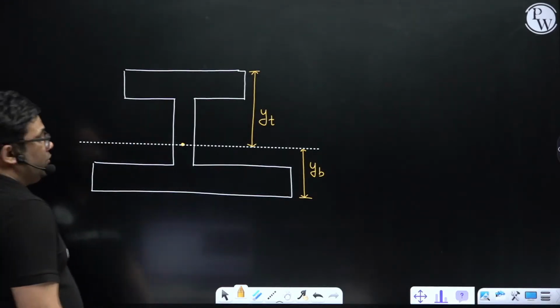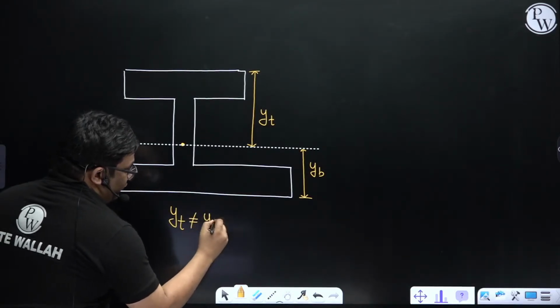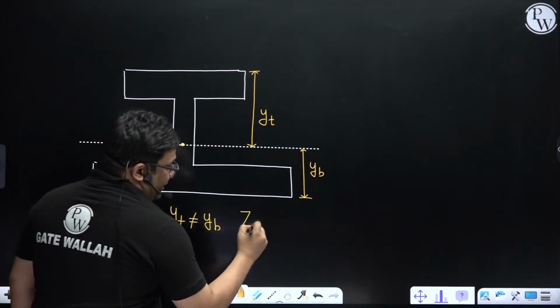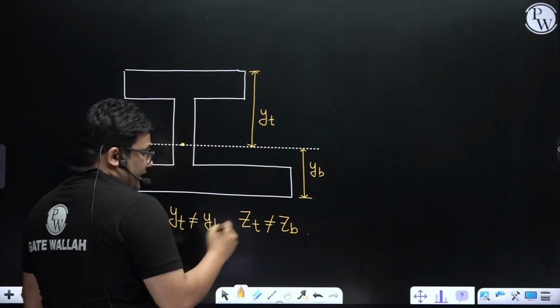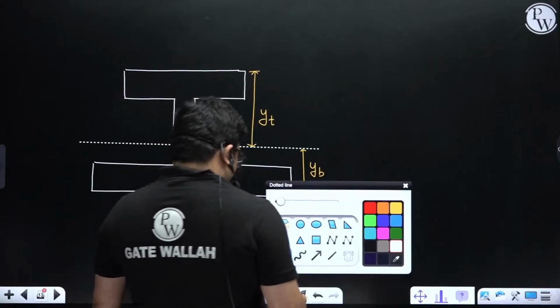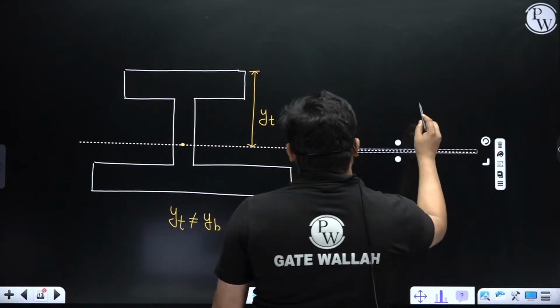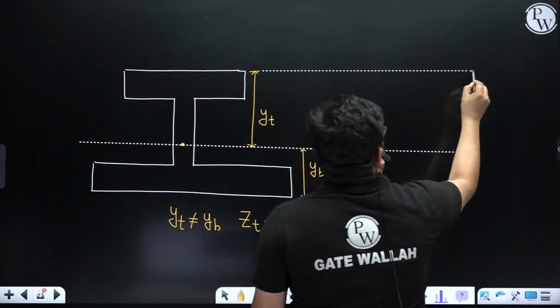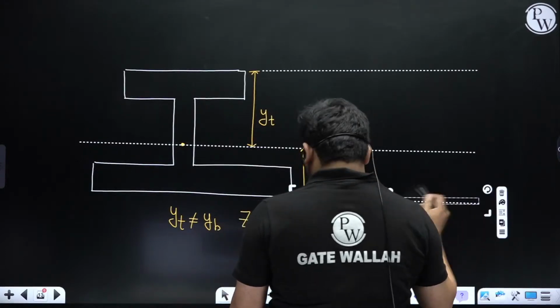Yes, so here y top is not equal to y bottom, and therefore z top won't be equal to z bottom, and therefore the top stress and the bottom stress will be different. Yes, how different?